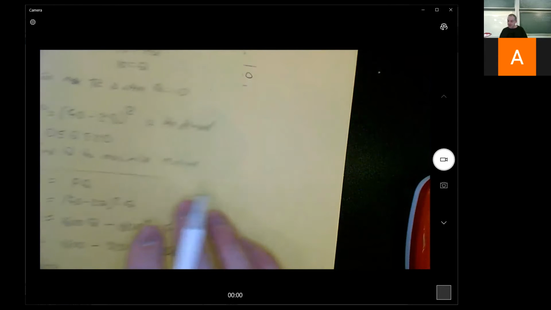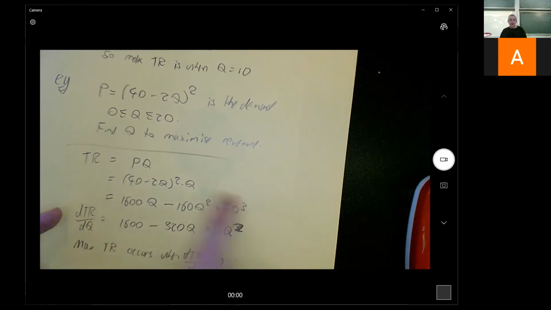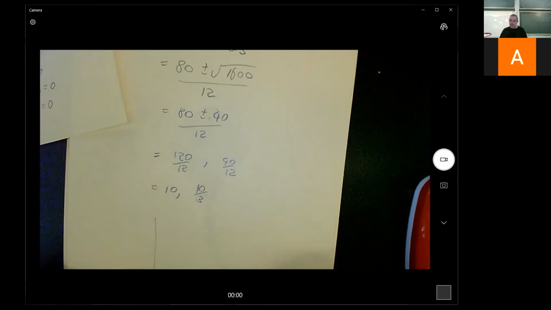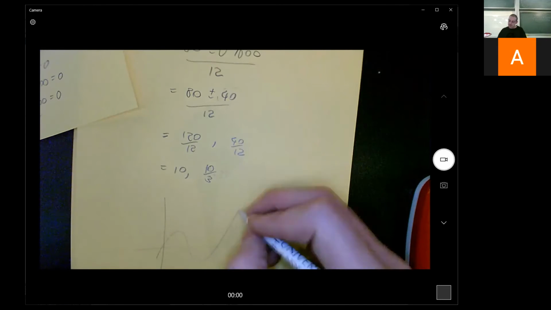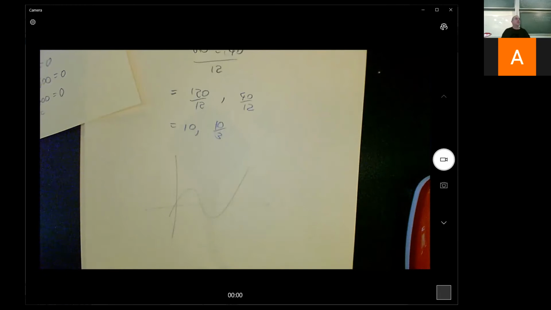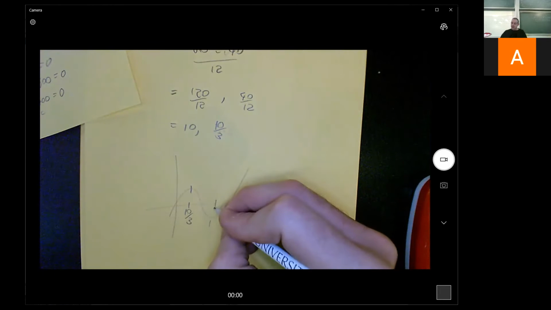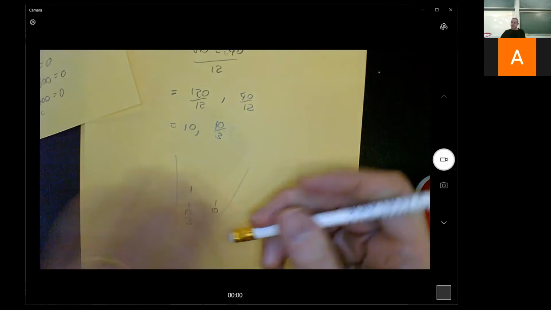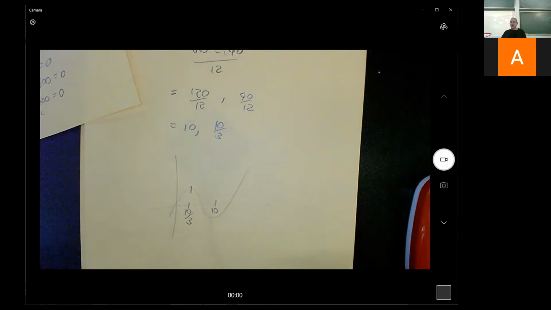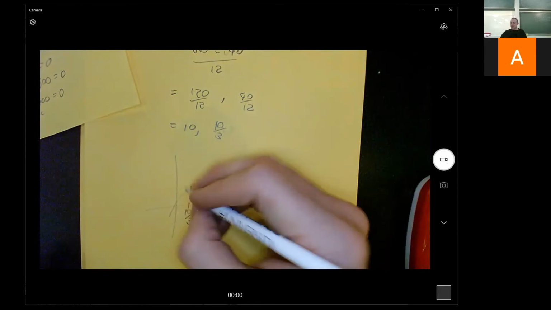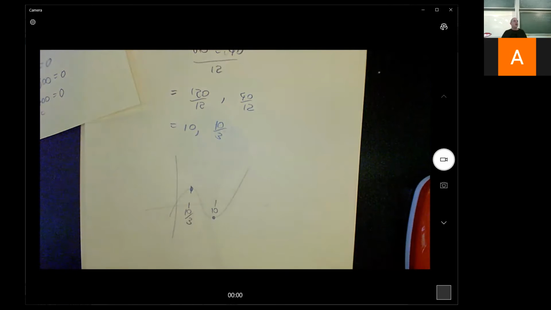But this is a cubic, this thing here. And so it'll look something like that, I'd say. I don't really know where this is. And this one is at 10/3, and this one is at 10. But I don't know if it goes below the axis or not. But one of them is a turning point and the other one is another turning point, but it's the other way around because that's how cubics behave. This would turn into a really hard problem. I don't know if this is the sort of thing your lecturer will do to you.